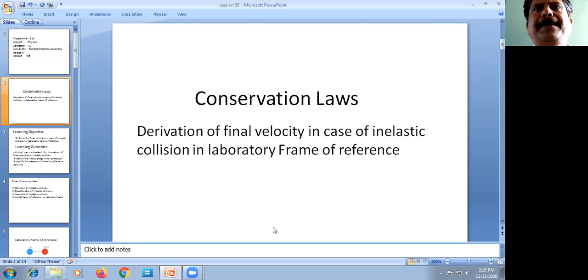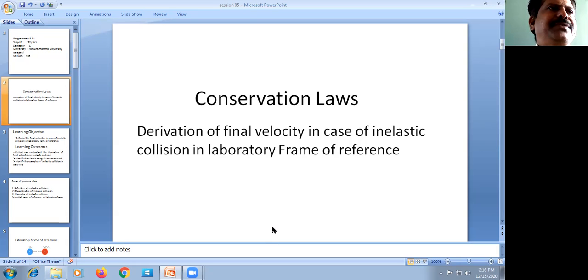But here, in case of inelastic collisions, the total momentum is conserved, but kinetic energy is not conserved. The forces involved in inelastic collisions are non-conservative forces. So these are a few characteristics of inelastic collisions.